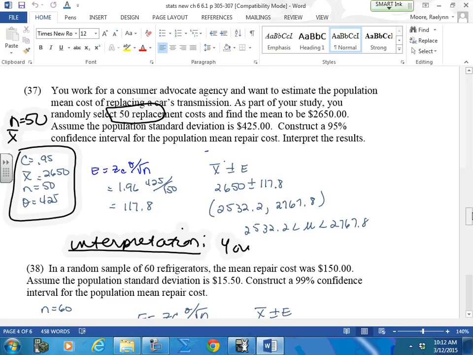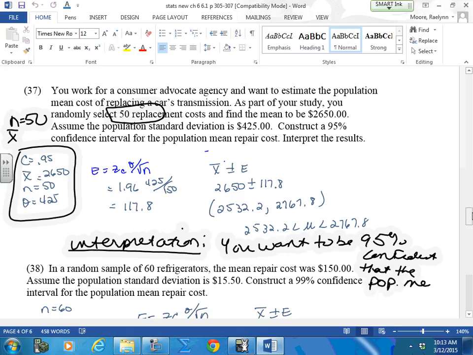You want to be 95% confident, because this is what we did, a confidence interval, that the population mean repair costs fall between this number and this number. That's why you do this whole thing.